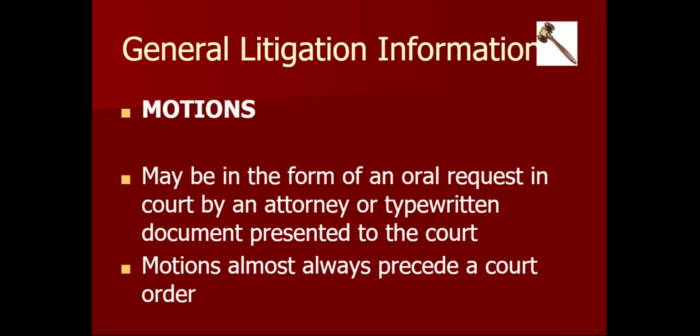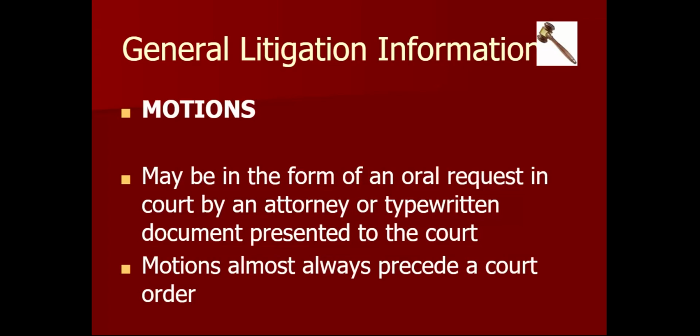There's a motion to quash, a motion to strike, which you guys will be completing that document later this week, a special motion to strike, a motion to compel arbitration, a motion for summary judgment, a motion for dismissal, a motion to exclude, to include, all types of motions that can be very detailed, and they can be either in written form or an oral presentation to the court.